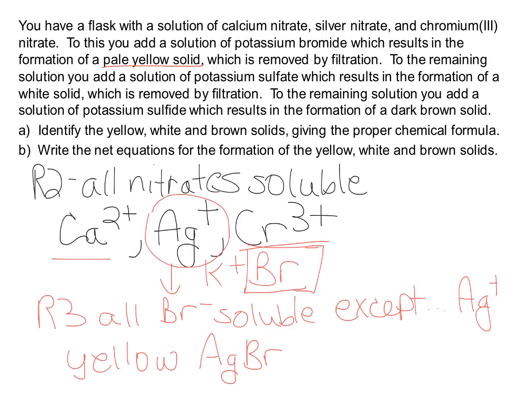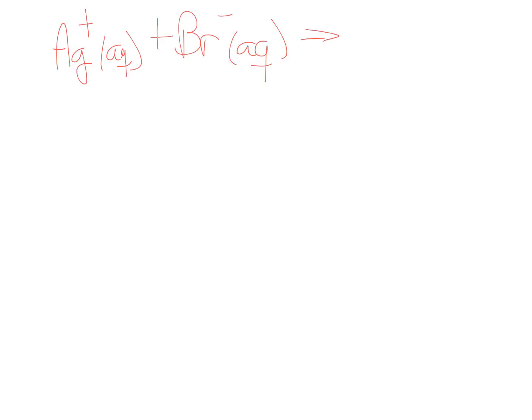Alright, so this is our precipitate, and I can write the net precipitation reaction on the next page. So that would be silver plus in aqueous solution plus Br- in aqueous solution makes a silver bromide solid, and that is our first yellow precipitate.